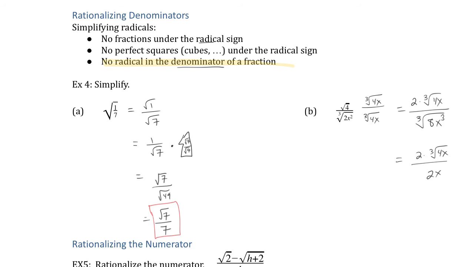Okay, and now I just need to do the final step and simplify those 2's. They will divide out to 1, so that just gives me the cube root of 4x all over x. And then I'm done. So the mission has been accomplished. I don't have a radical down in the denominator.